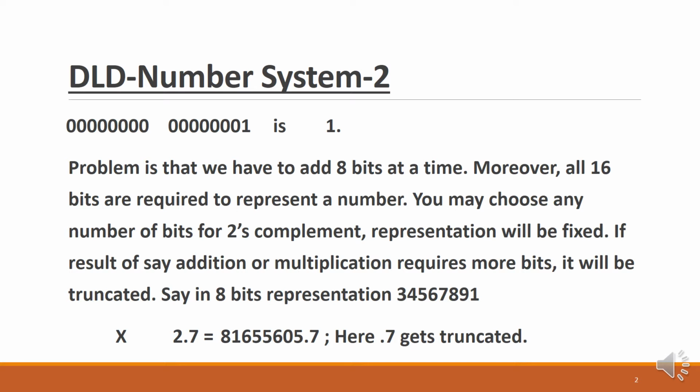And the answer is 81655,605.7. Now you see on the left-hand side of the decimal point, it has taken, you can say, 8 memory locations. But as far as 0.7 is concerned, it gets truncated.